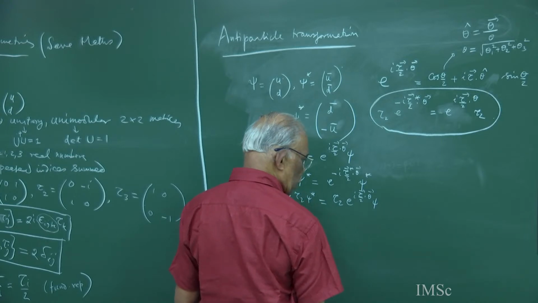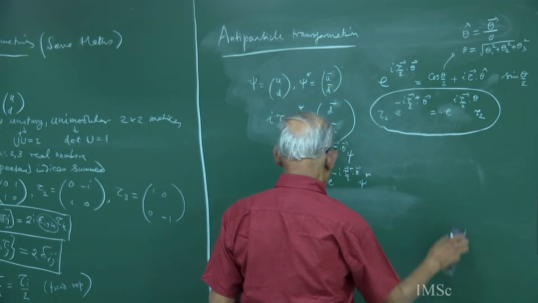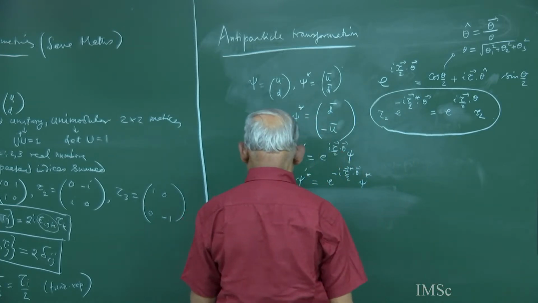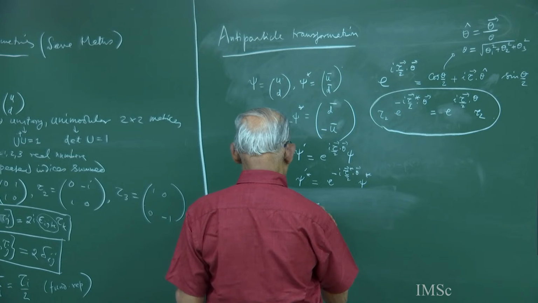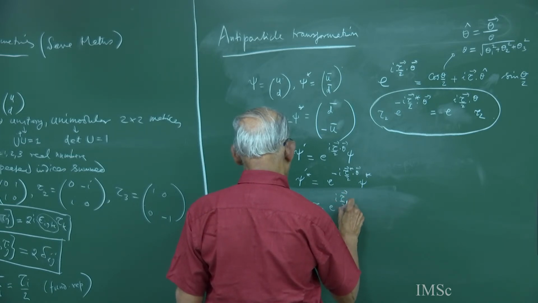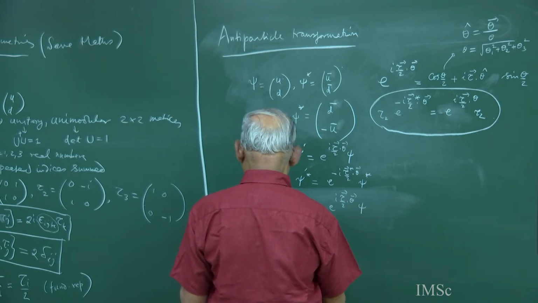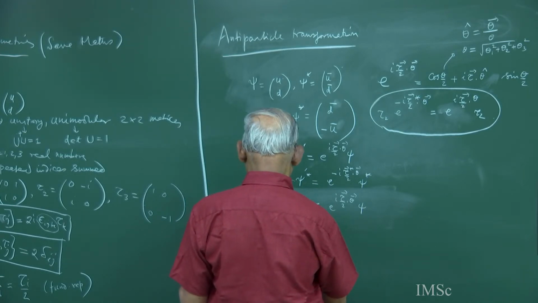I have written down the final result without cancelling this. Multiply this by tau 2. I am repeating it. Tau 2 e power I tau by 2. I have simply multiplied, that is all I have done. But actually I want to take this also and multiply by tau 2.